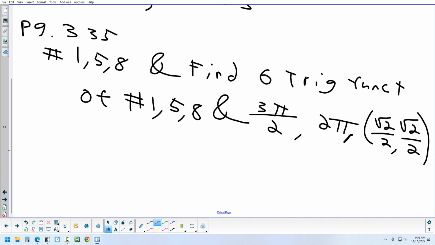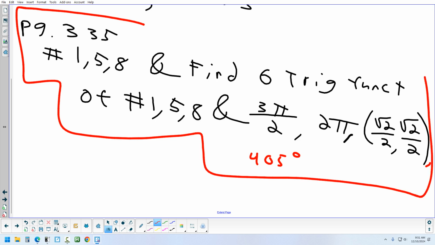And I'm just going to add one more onto that. So do 1, 5, and 8, find the 6 trig functions. And I'm giving you 3 other problems that are angles. I want you to find the 6 trig functions of those.